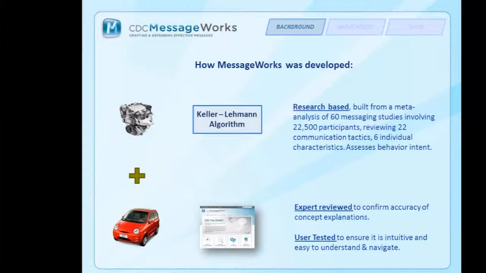And there were a lot of other people who helped us design this beautiful user-friendly card that you see. We had an expert panel, actually several panels, both external and internal to CDC, who provided a lot of feedback on the internal and external validity of the model.